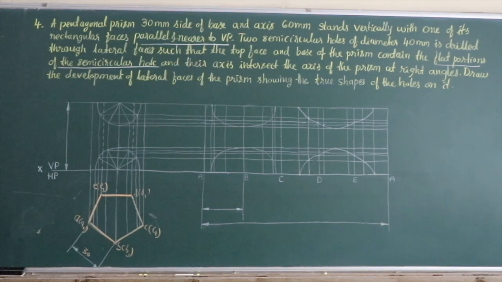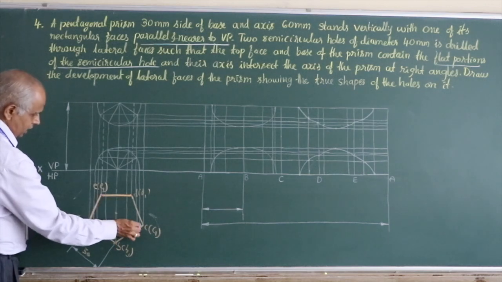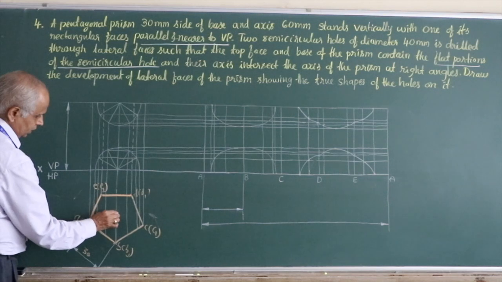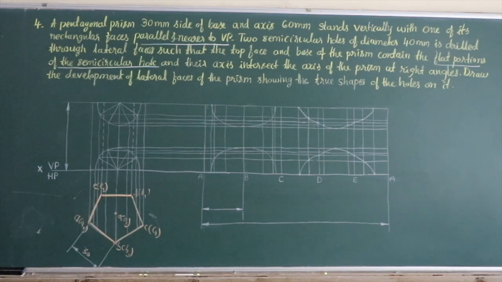Of course, the axis is somewhere here, the midpoint of this line and intersection of this point. So this is O, O1. Marking the XY line, VP and HP, is part and parcel of every problem. So mark XY, VP, and then write the top view.